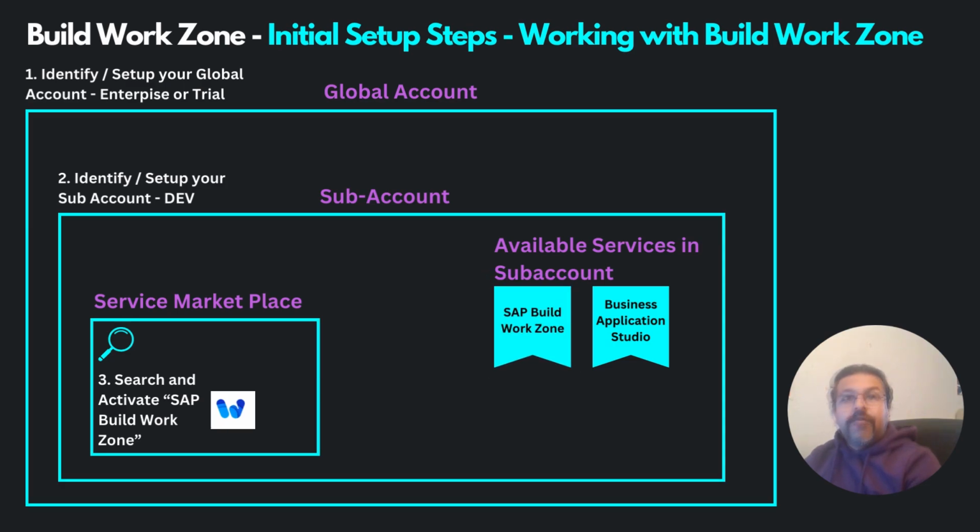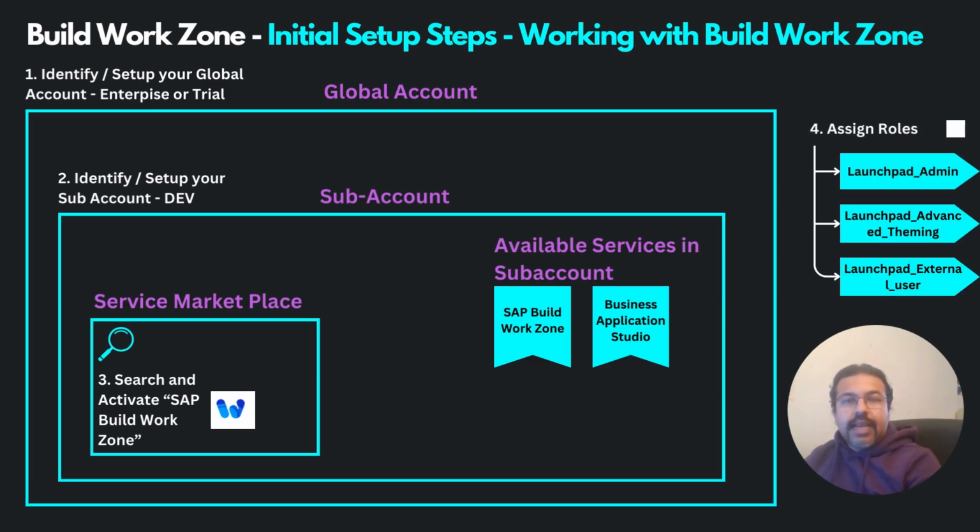Step 4, once the application subscription has been created, go to the role collections at the sub account level. Search for the role collections beginning with the name Launchpad and make sure your user ID is assigned to all these three role collections. This will make sure that you are now ready to work with the SAP Build Work Zone.